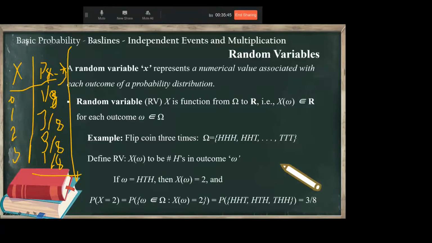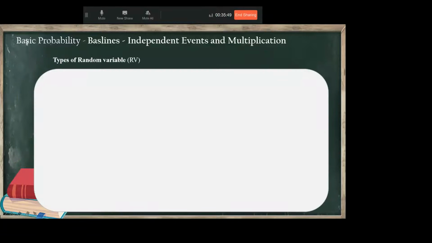Let's move forward and see how many types of random variables there are and what they mean. We have already learned the basics about this. Now let's see with the probability rule. Of course there are two kinds of variables, discrete and continuous, so random variables should also be of two types: discrete and continuous.